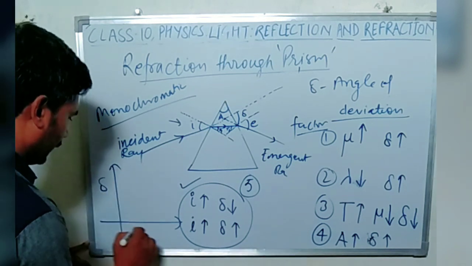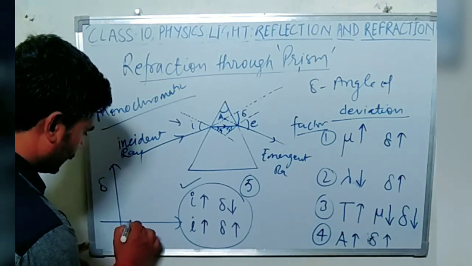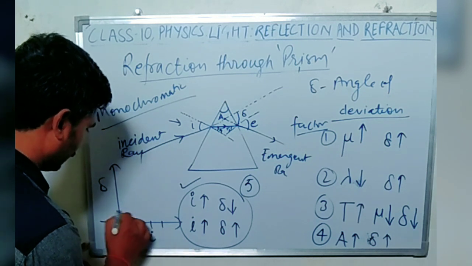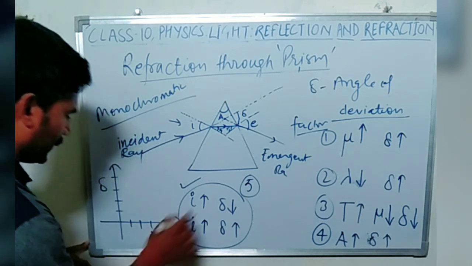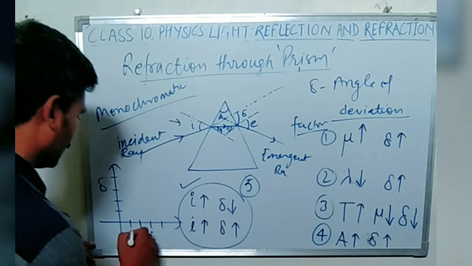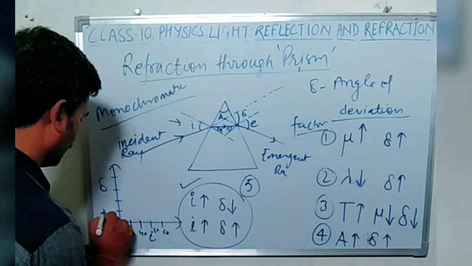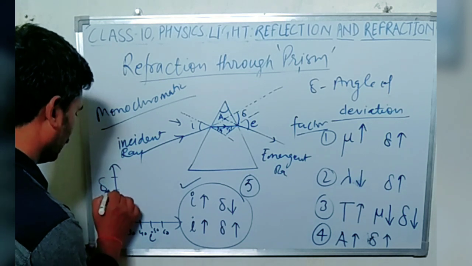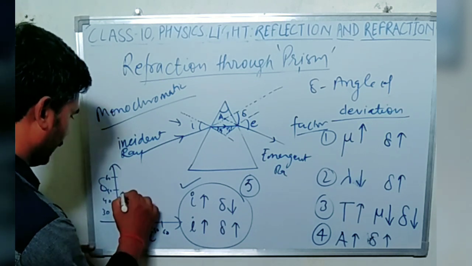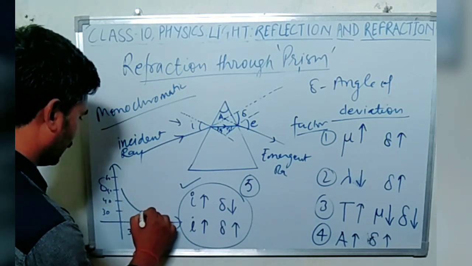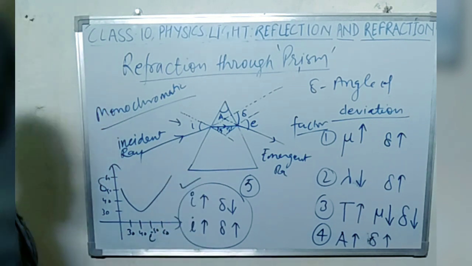This is the angle of deviation and this is the angle of incidence. Suppose we have different measurements of incidence angle, say 30, 40, 50 and 60 degrees. Here it is also 30, 40, 50 and 60 degrees, and it is like this.